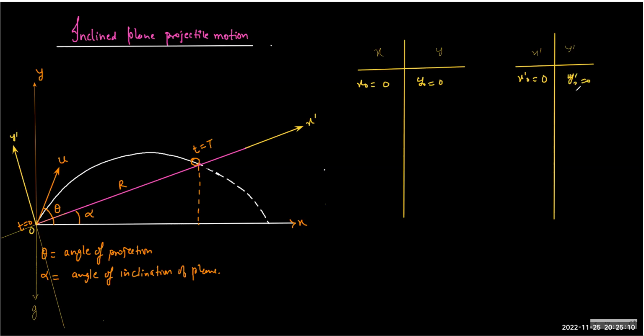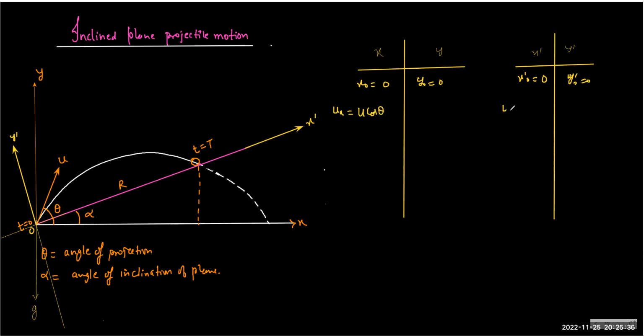So all are 0, right? Okay. What is ux? Be very careful. What is ux? U cos theta. Very good.